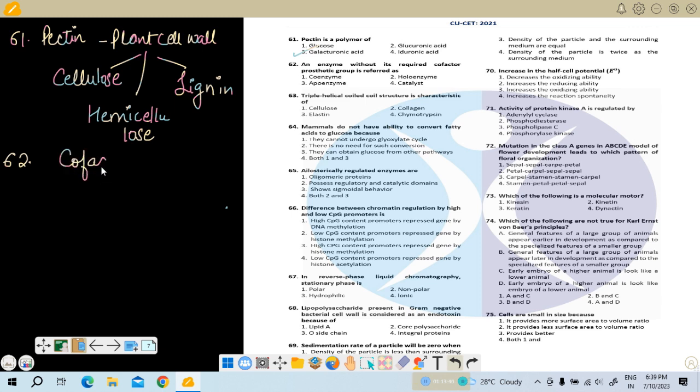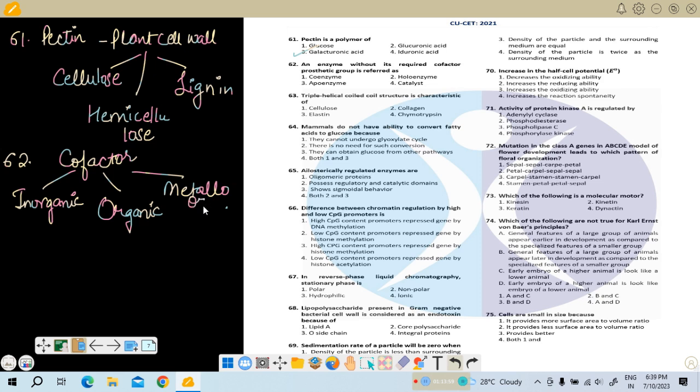Now cofactor is further divided into inorganic cofactor, organic cofactor, then metallo-organic. So inorganic, that means metals.